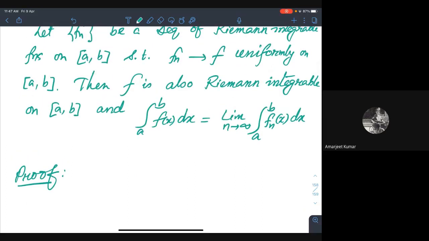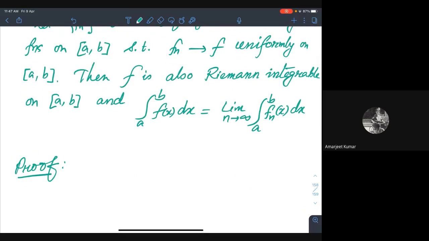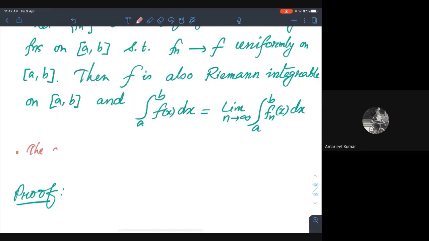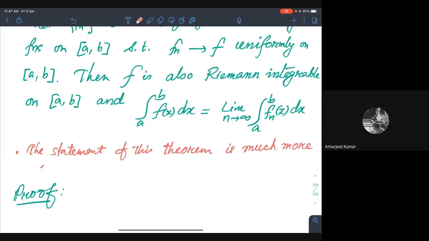So maybe I should put it as a remark: the statement of this theorem is much more important than its proof.